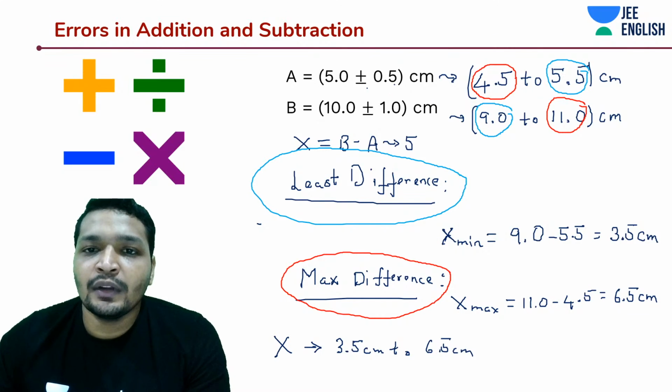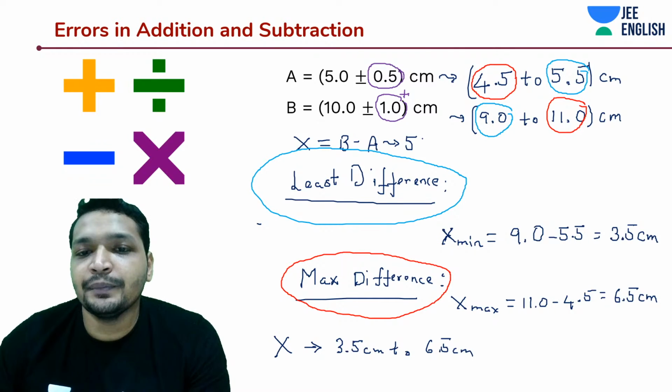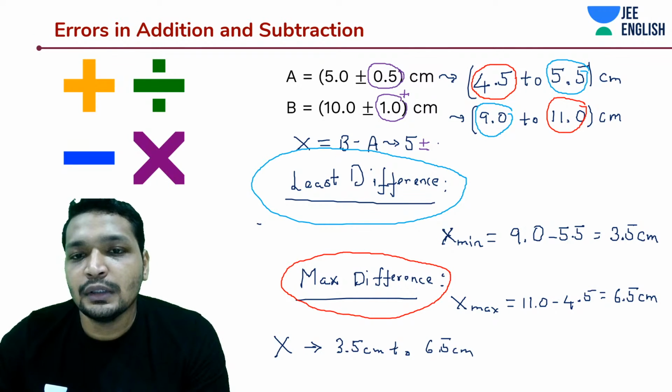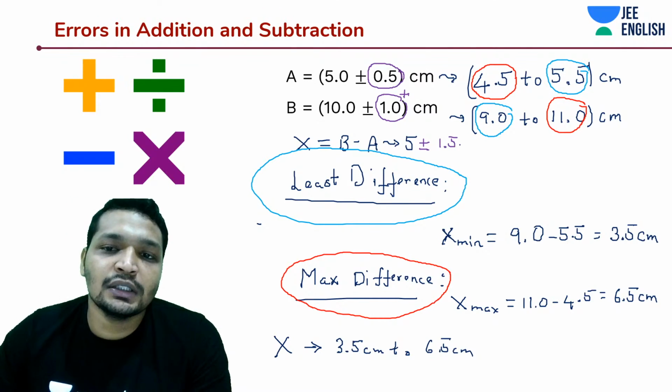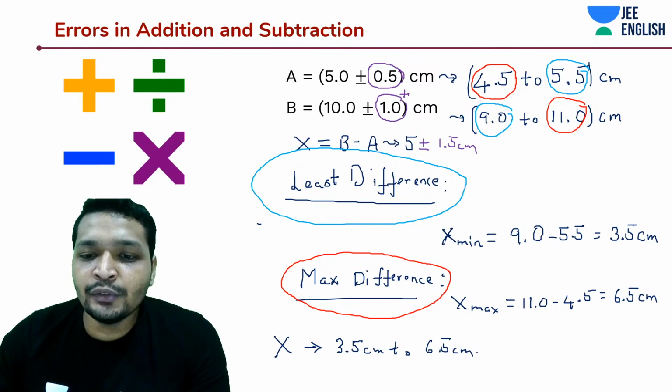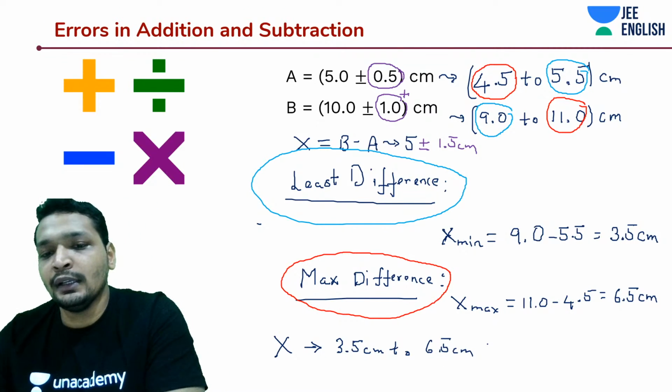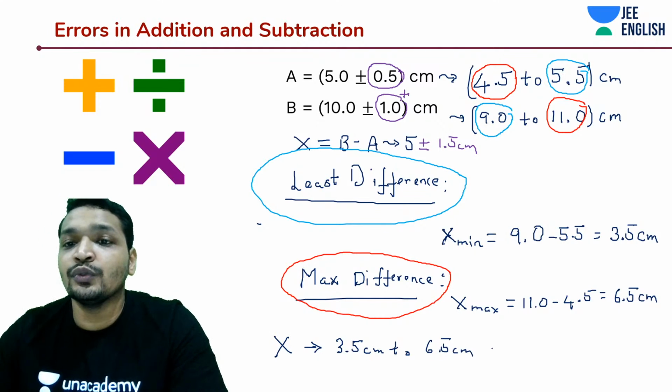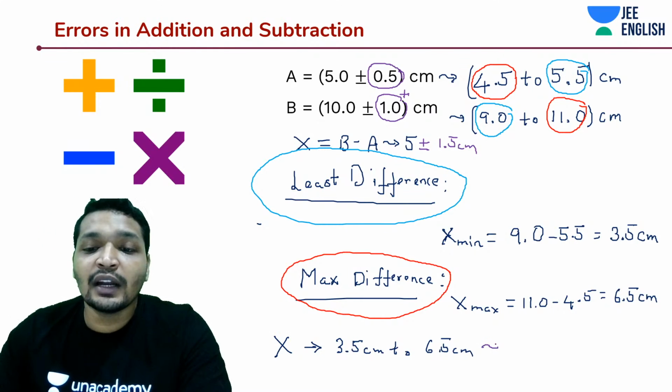So I subtracted 1 from 0.5, but I'm going to add them. Does this work? Yes. Take a mean of this value and put a plus or minus from the error, like how we used to do to calculate absolute value.